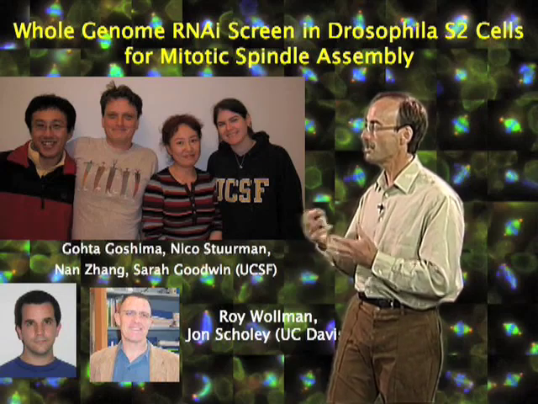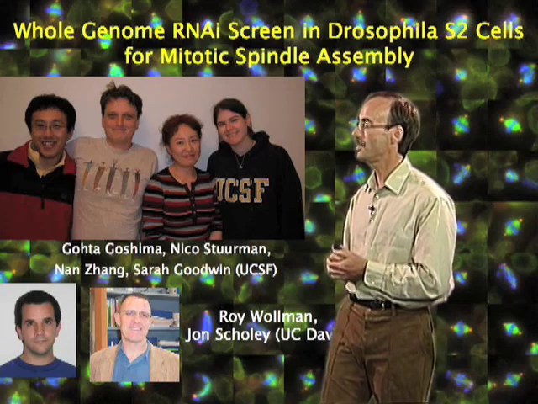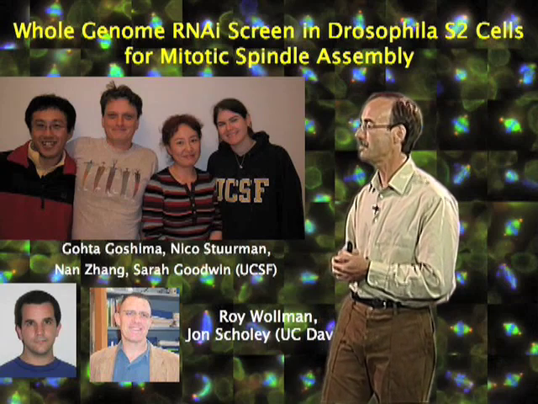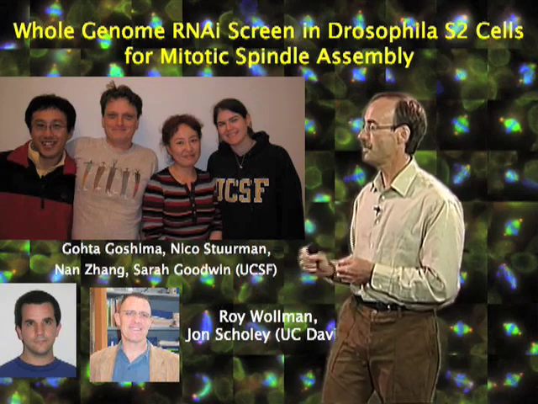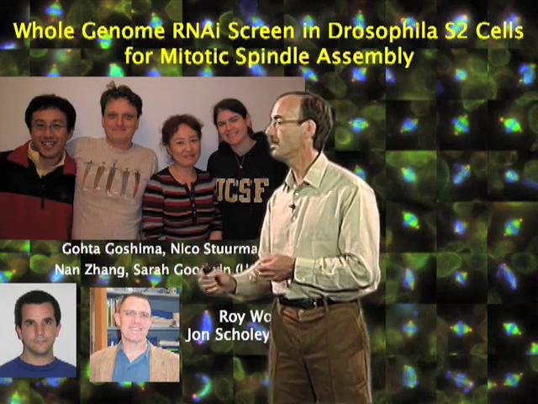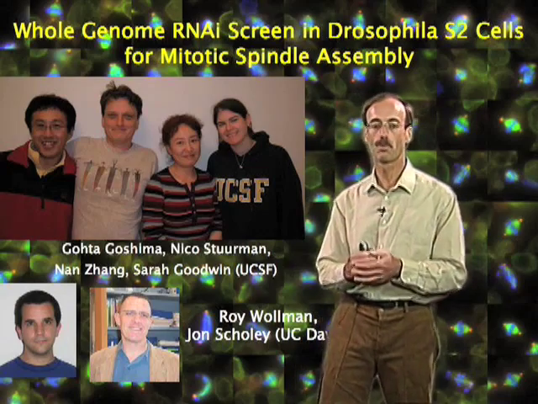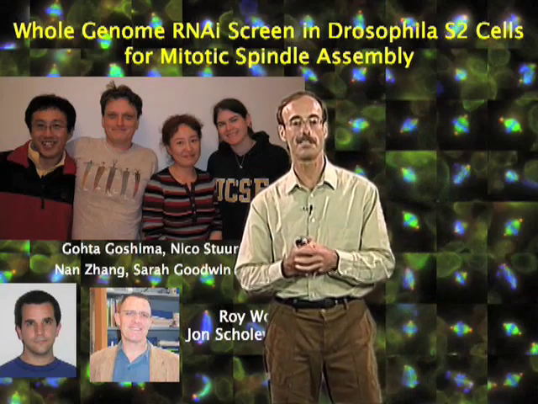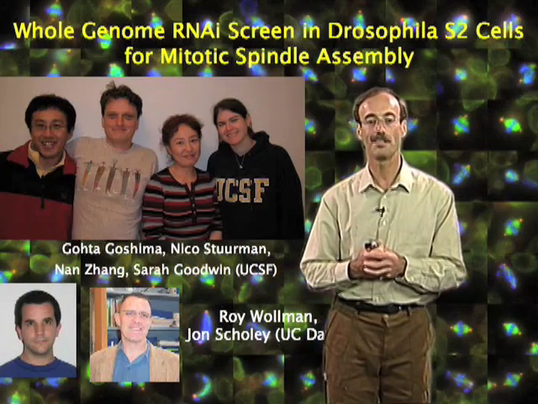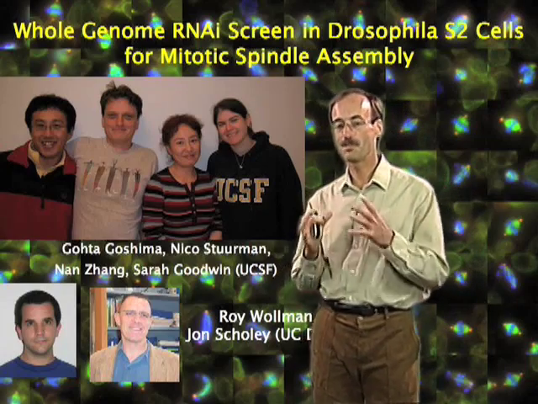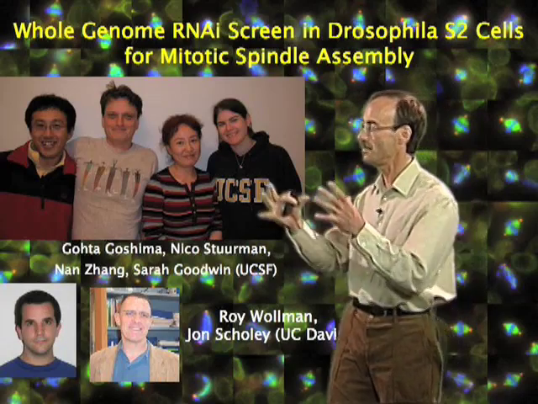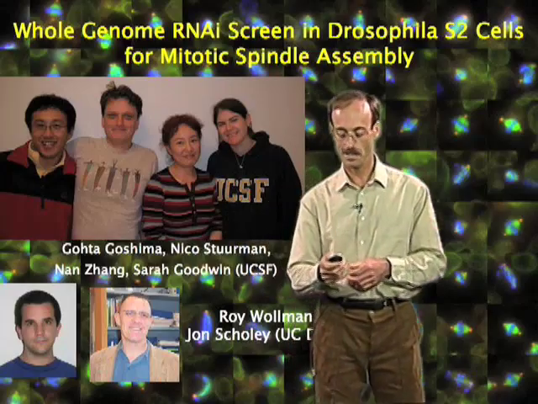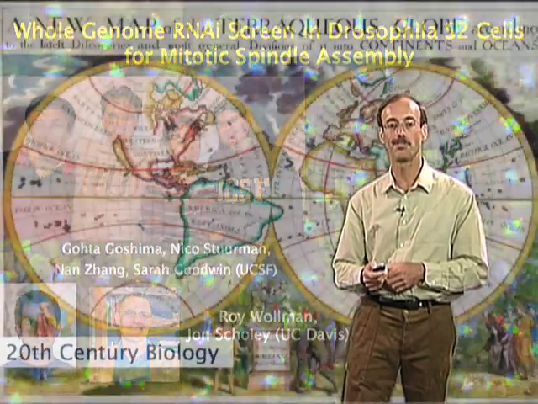And follow-up work after the screen was performed by Nan Zhang and a new student, Sarah Goodwin. And also another key person for this work was Roy Wollman, working in John Scully's lab. And Roy did a lot of the computational analysis that I'll share with you later. But as you'll see, it's possible to do a whole RNAi screen even with a relatively small group of individuals.